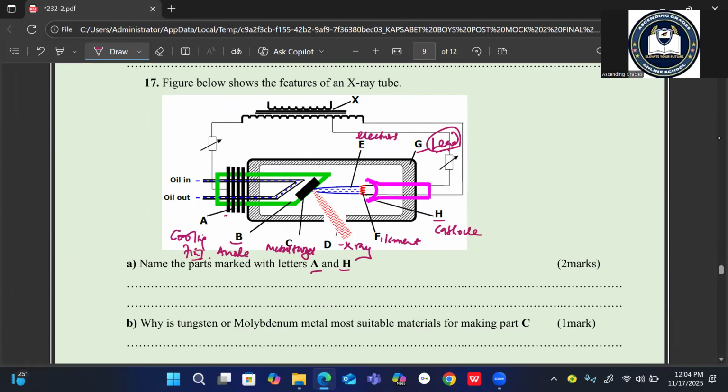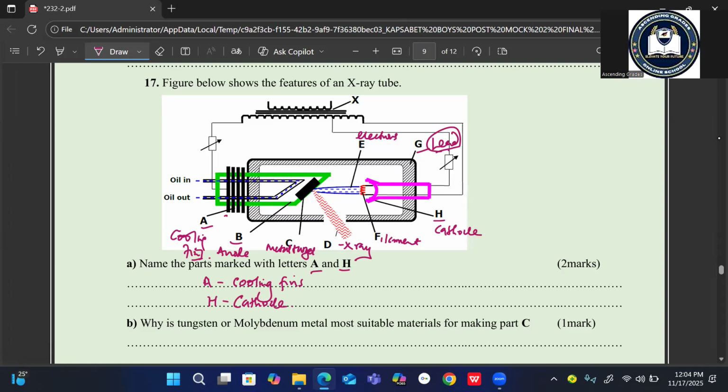What are A and H? A is the cooling fins, and we have H as the cathode.